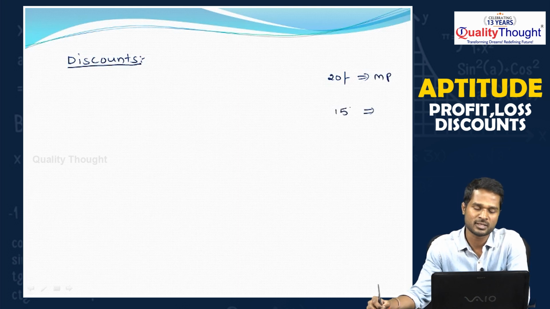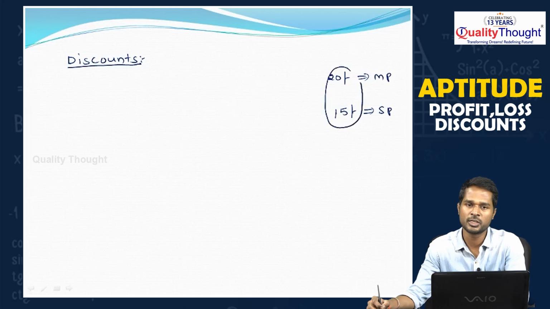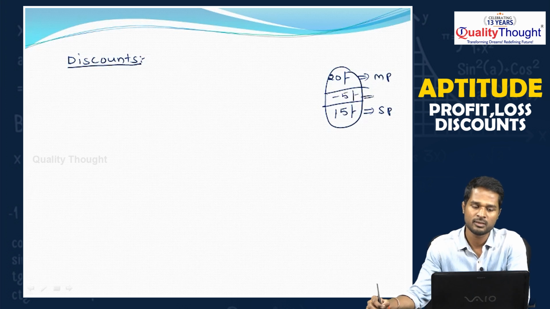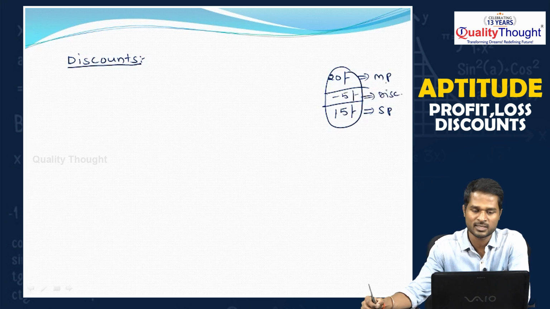So, I bargained for some time, and after bargaining the shopkeeper agreed to sell it for 15 rupees. That 15 is called the selling price. Now, check: marked price is 20 and selling price is 15, something happened in the middle. He told 20 initially, but finally he is giving it for 15, that means 5 rupees is decreased. That decrease is called the discount.